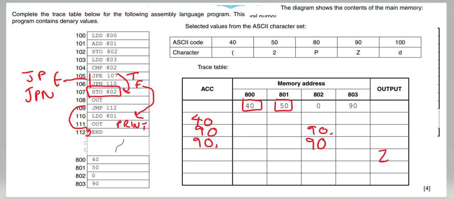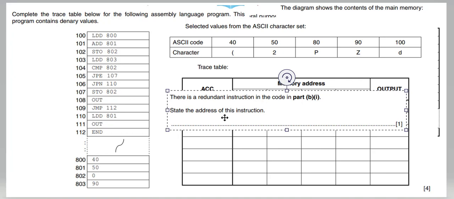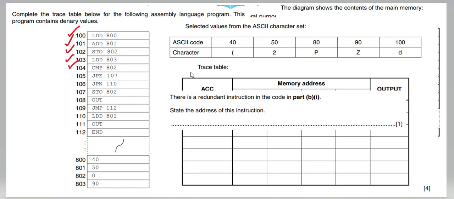There's one more question, I believe. So this question is saying we've got a redundant instruction which doesn't need to be there in this code. We need to find the address. Well, that will run, that will run, that will run, that will run, this will run. Jump to 107, so I'm going to do my arrow to 107. So this will run. I know that 107 will run. 106 could run.